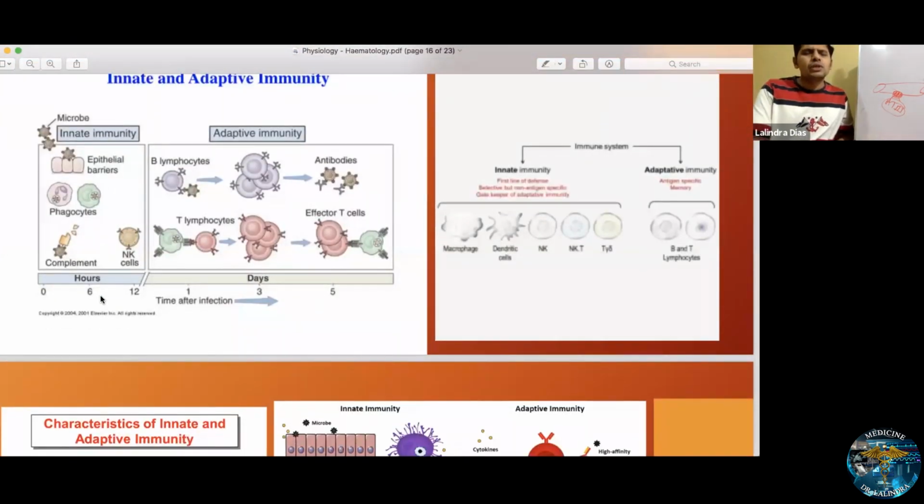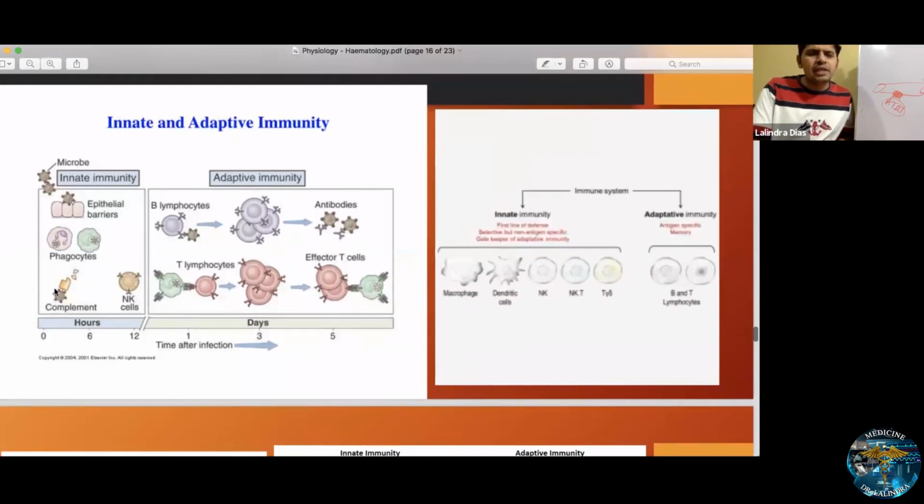In innate immunity, it's mainly the cells which play a role, and the most important function of innate immunity is phagocytosis.